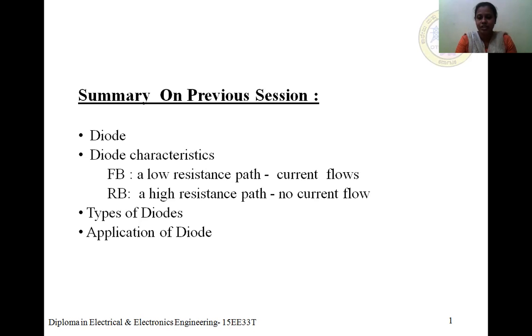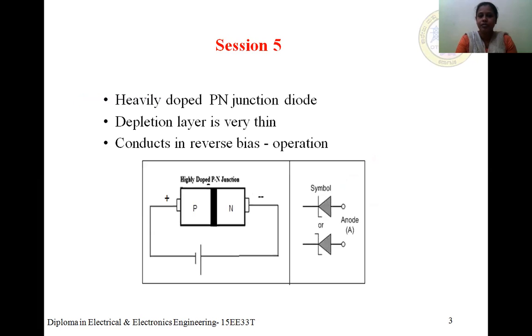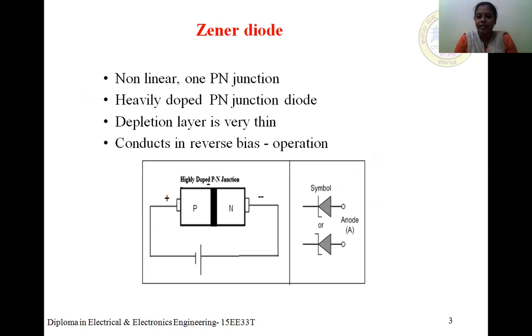Next, coming to session 5. In session 5, we are going to study about Zener diode characteristics and application of Zener diode. Let me see the definition of Zener diode first.